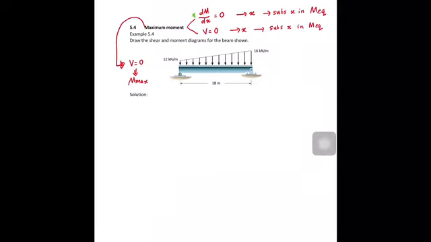When you get the x value, you substitute it into the original moment equation. Or else you use the v equation equal to 0, get the x value and then substitute into the moment equation. So as I mentioned, you will get the maximum moment when your v is equal to 0.